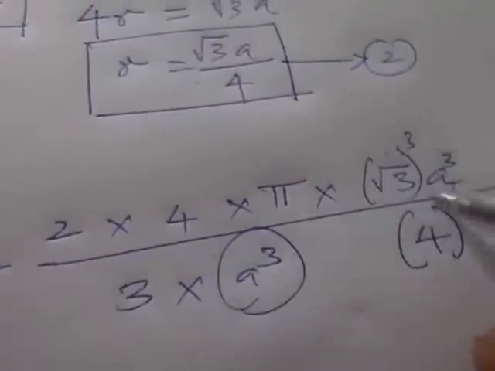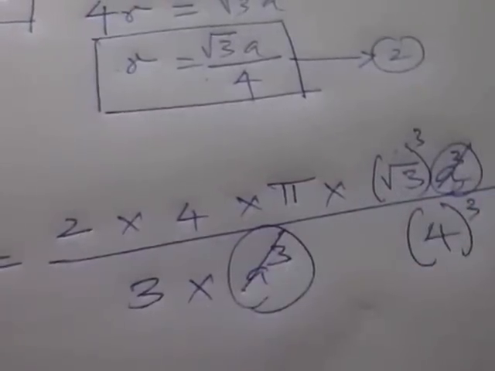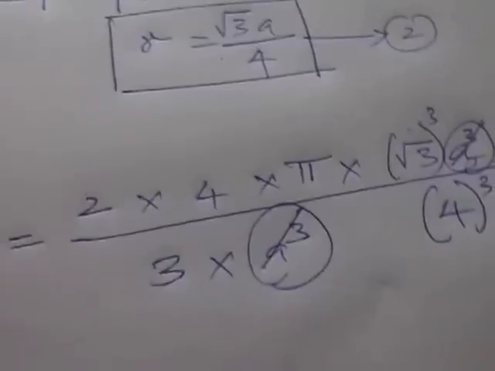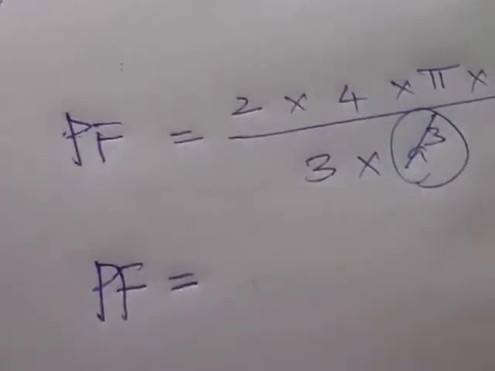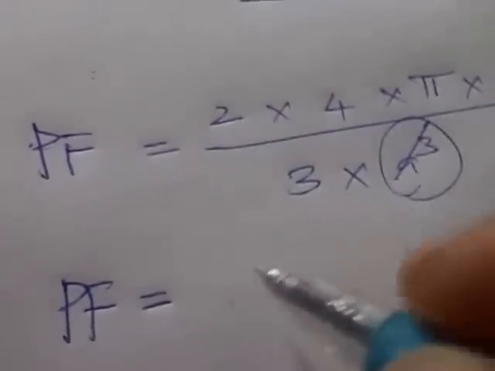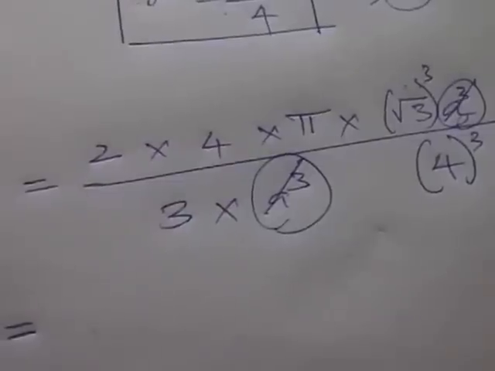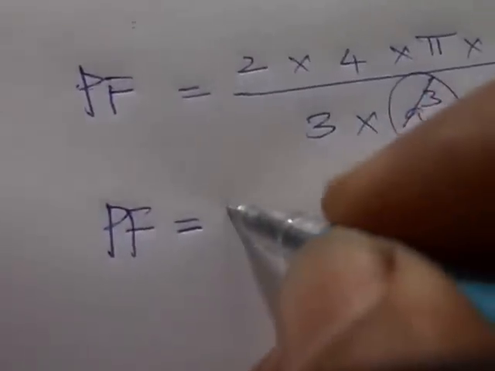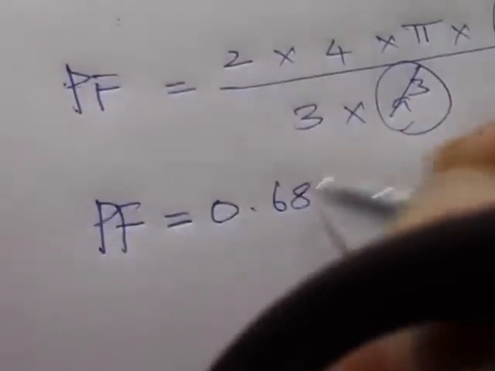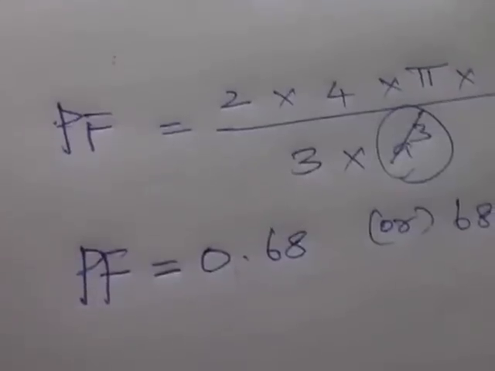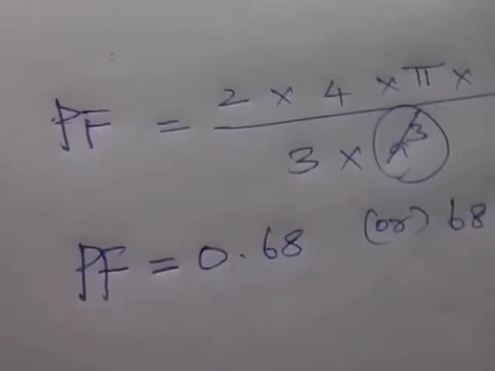Well, in this a cube is here, that may be cancelled to simplify. The rest of them are simply numerical values. So our expected numerical value for the packing fraction is calculated using the remaining values. So that comes to 0.68 or 68%, which is the packing fraction for BCC.